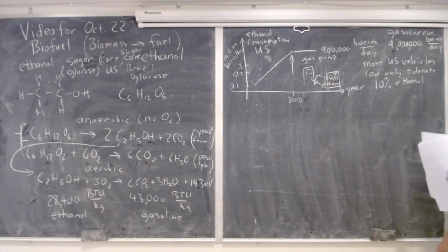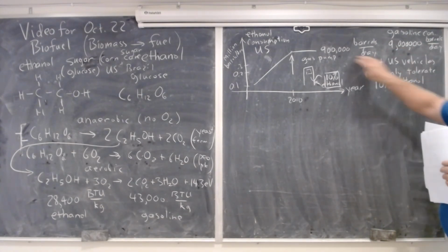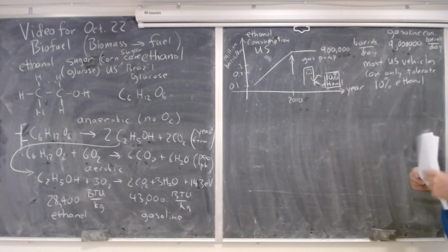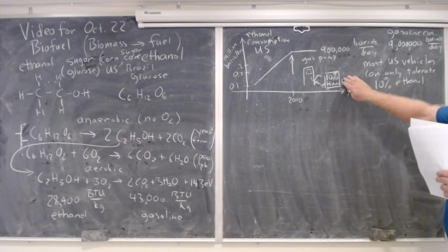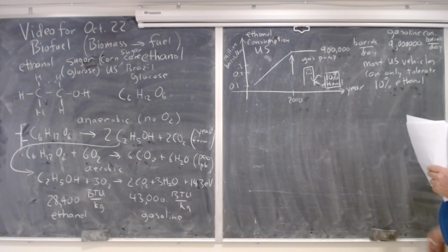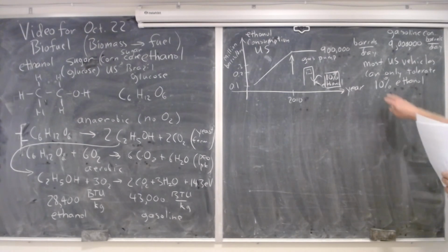So basically, we consume this much gasoline, and 1/10 of that is ethanol, and it's limited to 10% because most U.S. vehicles can only tolerate 10% ethanol, because ethanol is corrosive.